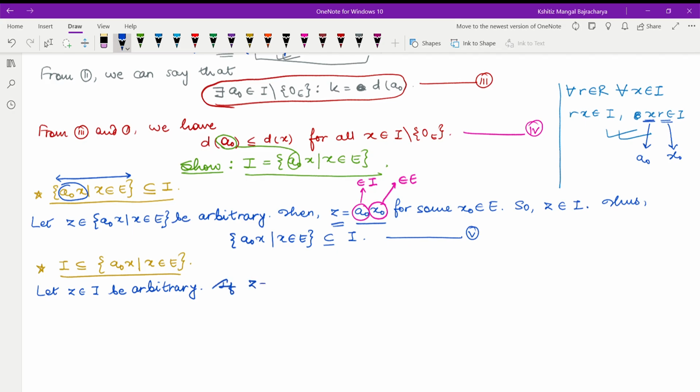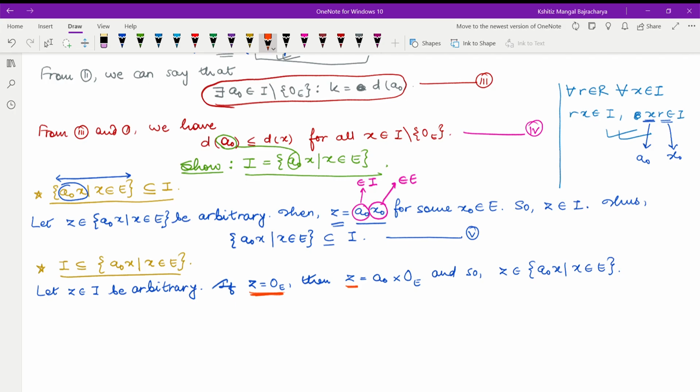If Z is equal to the 0 element, then Z can be written as a0 times 0e, and so Z is in the set a0x where x belongs to E. Why is this? Because Z is equal to 0.